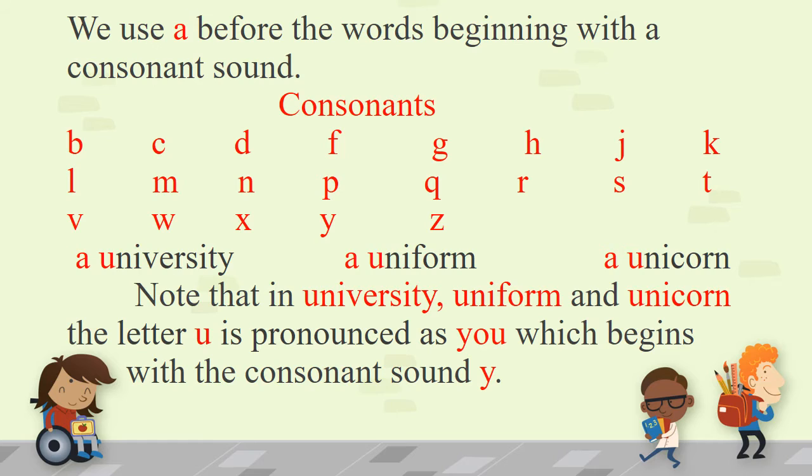Children, please note that in the words university, unicorn, uniform, the starting letter is U, but when we pronounce it, the sound is of U, which begins with the consonant Y. So we add article a before university, unicorn and uniform.